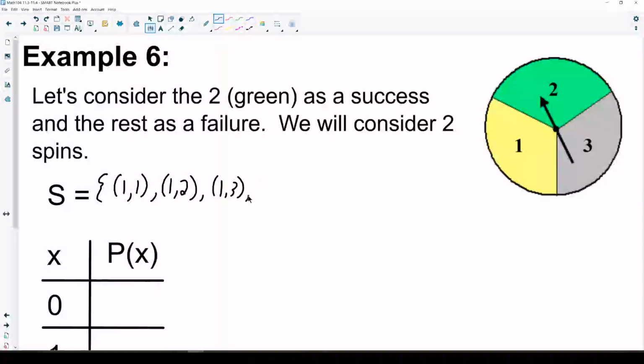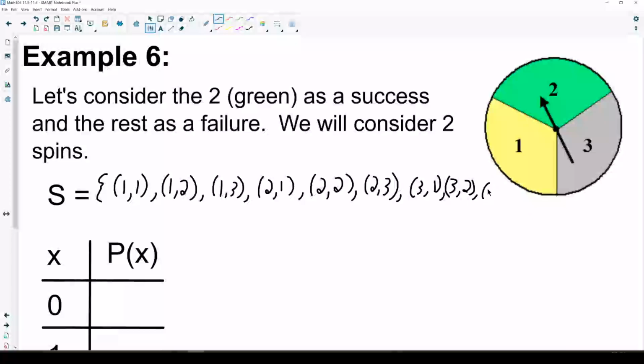I could also get a 2 and a 1, a 2 and a 2, and a 2 and a 3. Last but certainly not least, we could get a 3 and a 1, a 3 and a 2, or a 3 and 3. So that's our full set of what could happen.